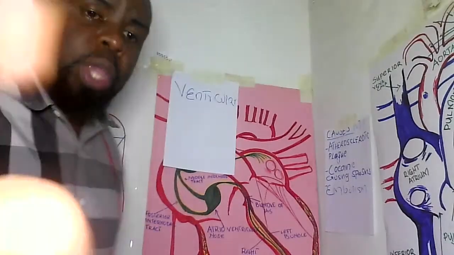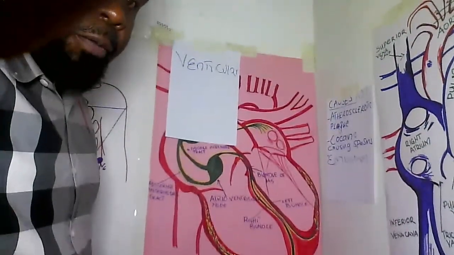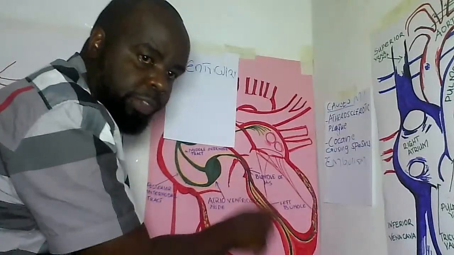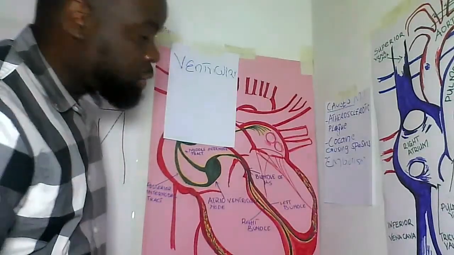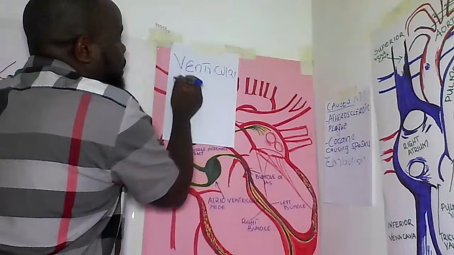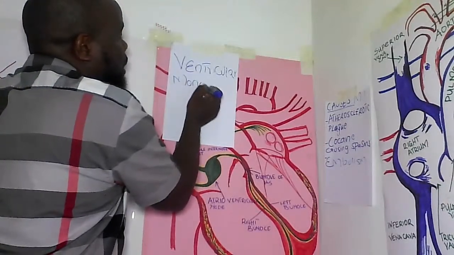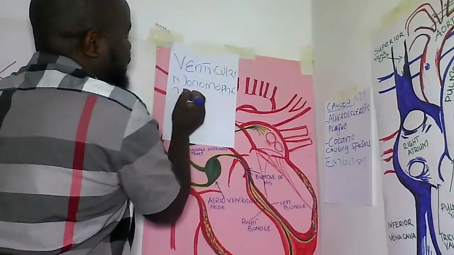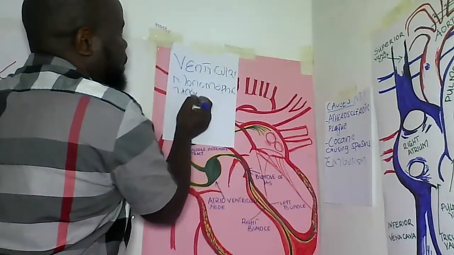So what do we call the fast? You can have one place that is sending a lot of signals, and it's one. It is called monomorphic tachycardia.